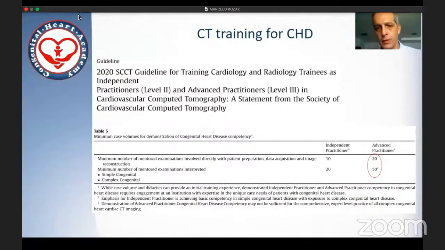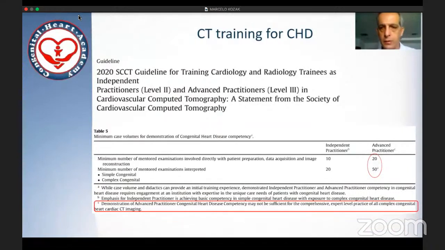This person just has to do 70 cases of congenital heart disease, and I don't think that this is enough to be exposed to the vast number of possible congenital heart diseases that exist.